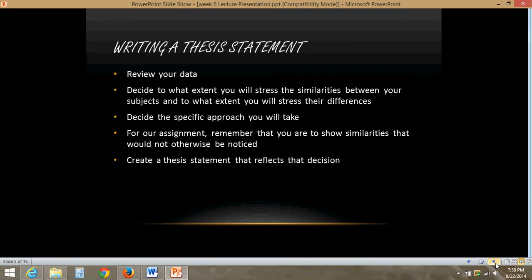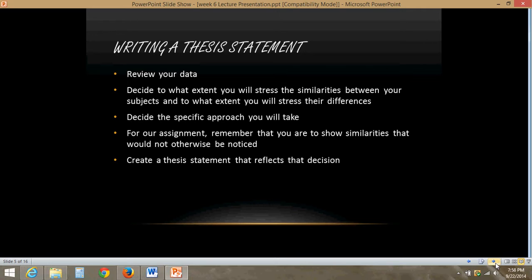A compare and contrast thesis statement can be very tricky, and the reason why is oftentimes we revert back to the papers that we wrote in 6th grade, because this is actually a very common type of paper that you would write as a young person, because it's an easy structure to follow, and because you do this in everyday life, it fits well with a kid being able to write their first essay.